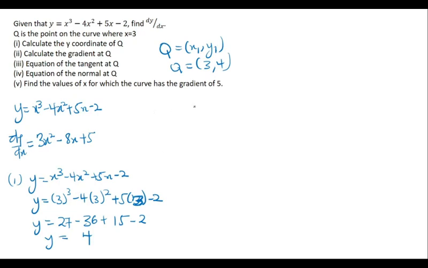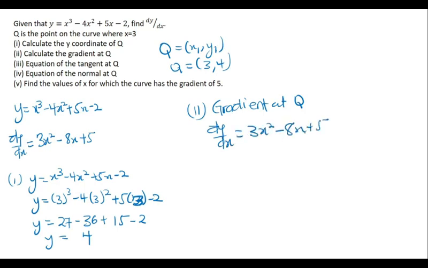So for the next aspect of the question, we have to find the gradient at Q. As you know, for the gradient we just substitute the value of x into the differential equation. So we have dy/dx is equal to 3x squared minus 8x plus 5. But our x value is 3. So we write 3 times 3 squared minus 8 times 3 plus 5.